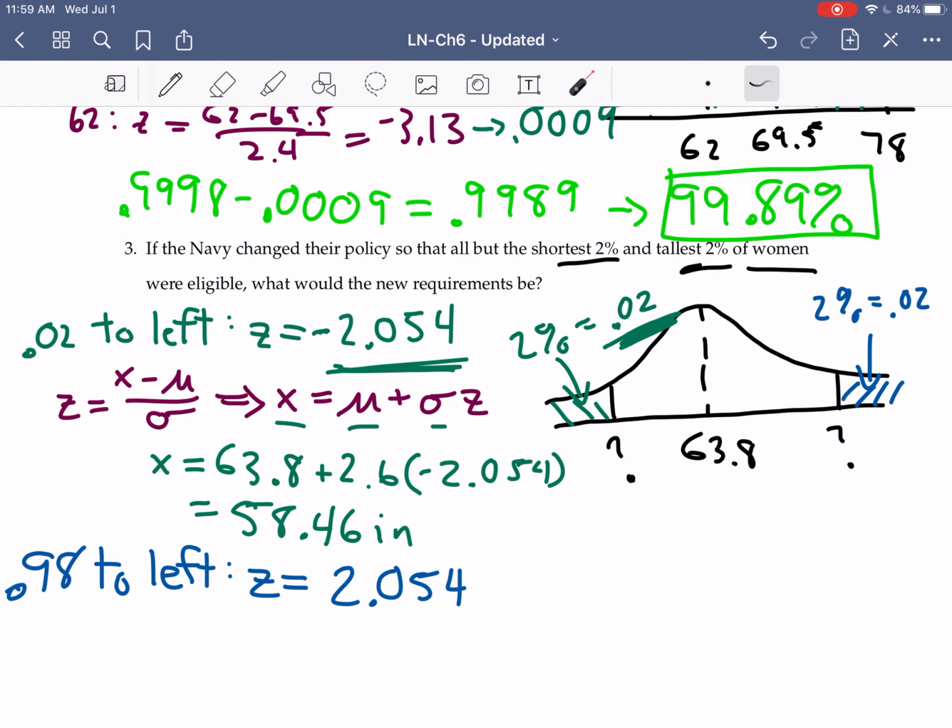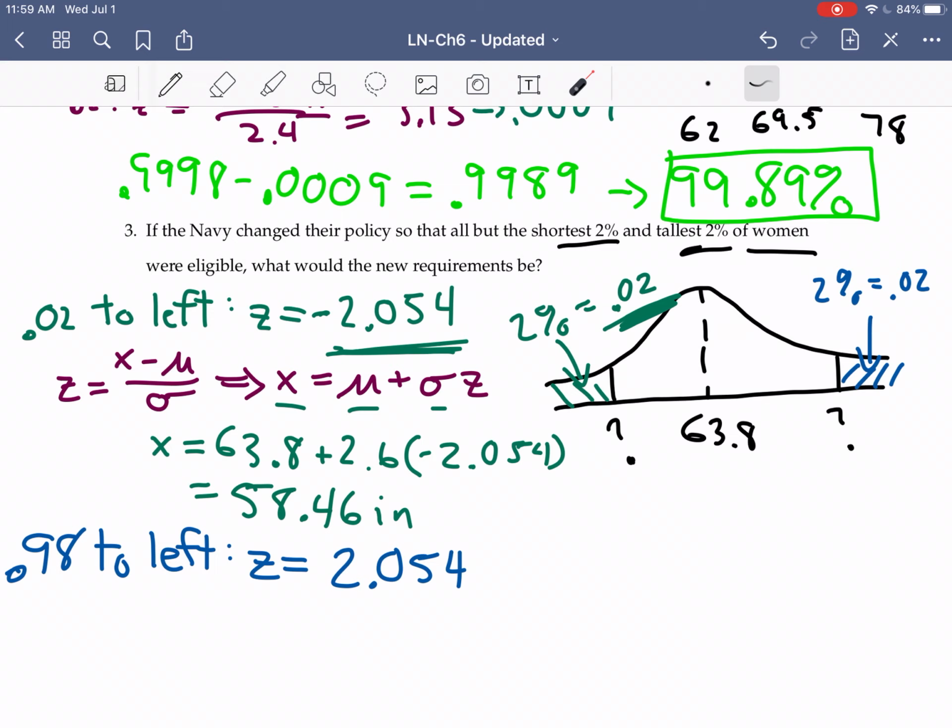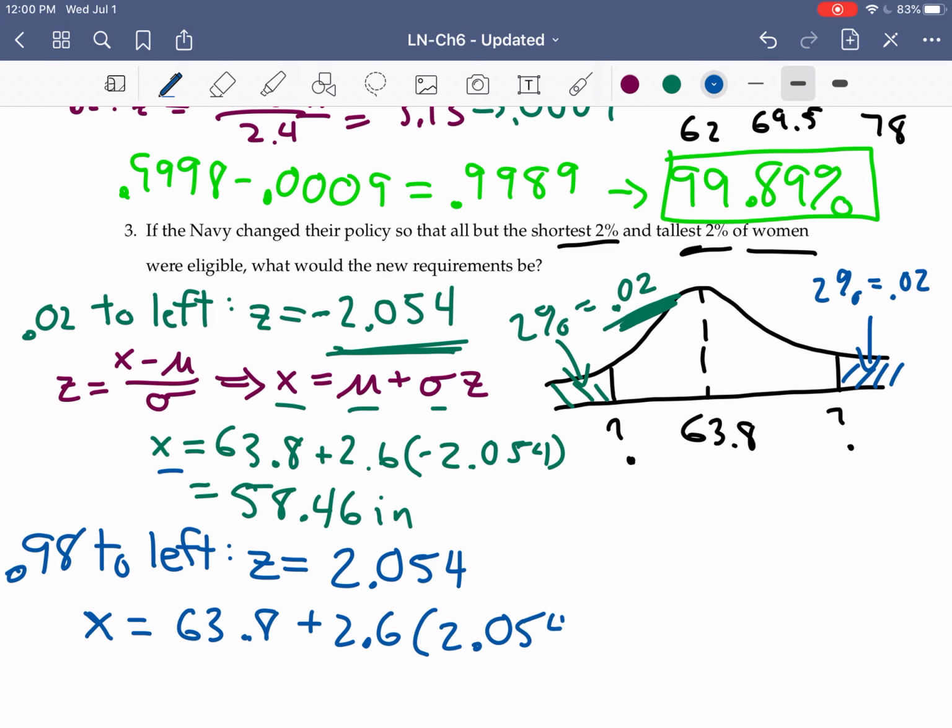But when we move away from a standard normal distribution to just a regular normal distribution, we can't just negate this or take away negatives. To find the x value, that data value, we're going to take x is the mean, 63.8, plus the standard deviation, 2.6, times the z value. The z value here won't have a negative this time.